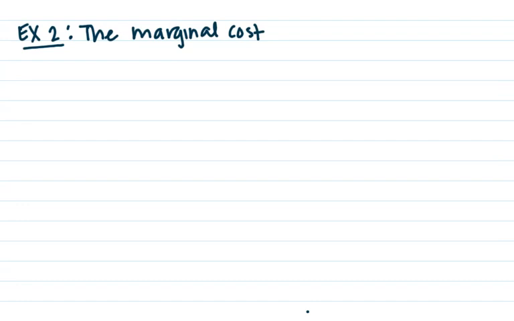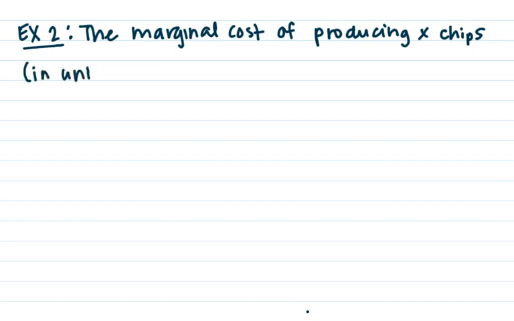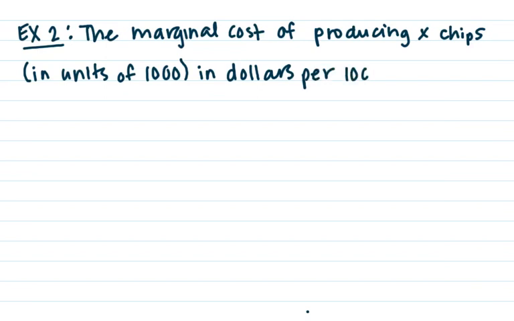The marginal cost of producing x chips, and I assume we're talking electronics here and not Doritos, in units of 1,000, in dollars per 1,000. Those conveniently match, so we don't really have to worry about it so much.